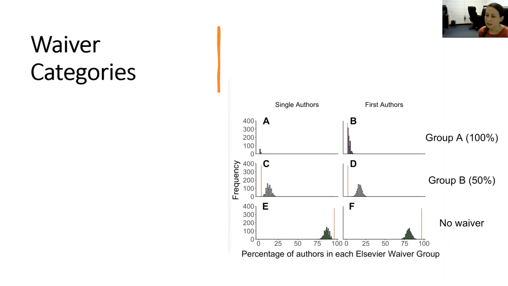And this might be for some of the reasons that we just mentioned. It might also be that 50% is not enough. If you're talking about $4,000, even if half is covered, you might not be able to afford the $2,000 to publish the rest. And then finally, for the no waiver groups, it seems like a lot of these people are still able to publish, and we have high publication representation from the no waiver group.